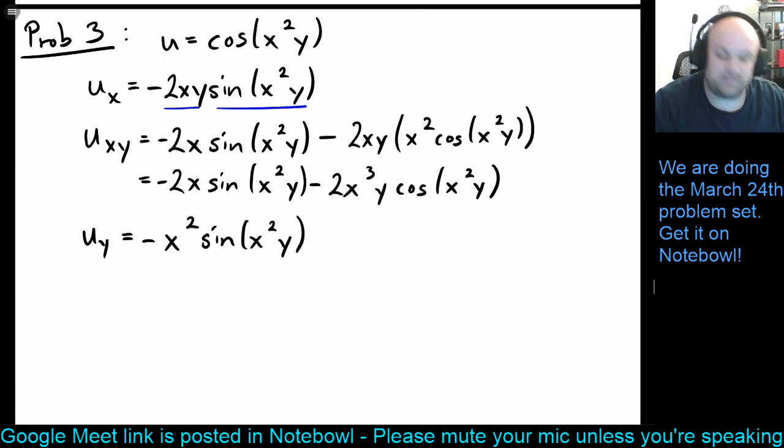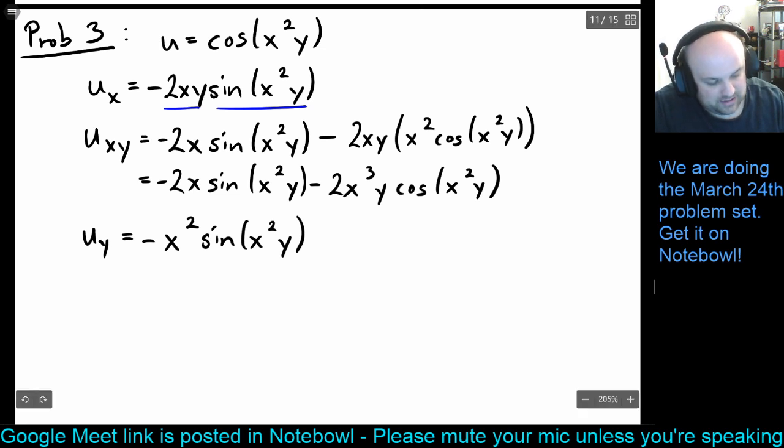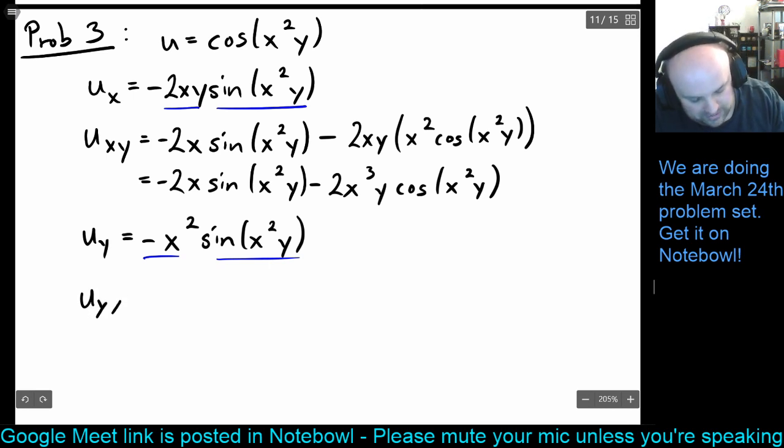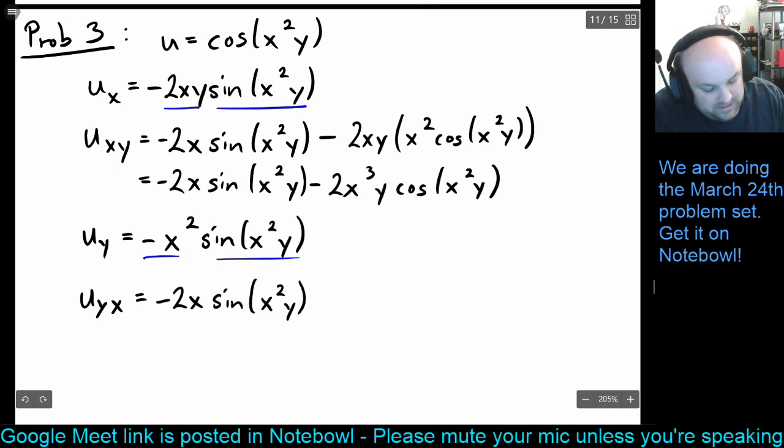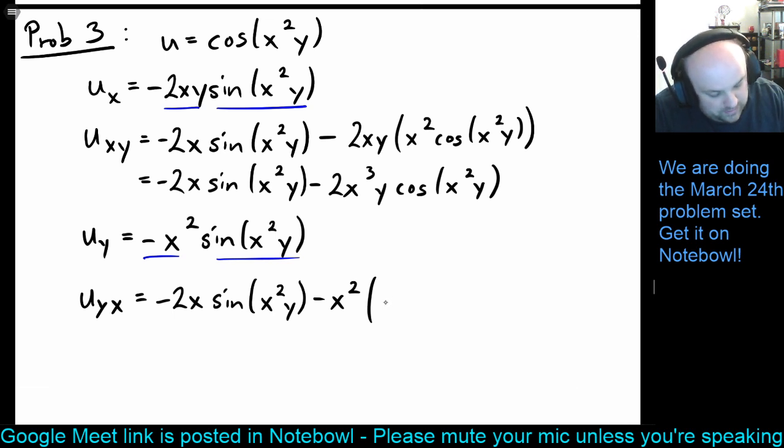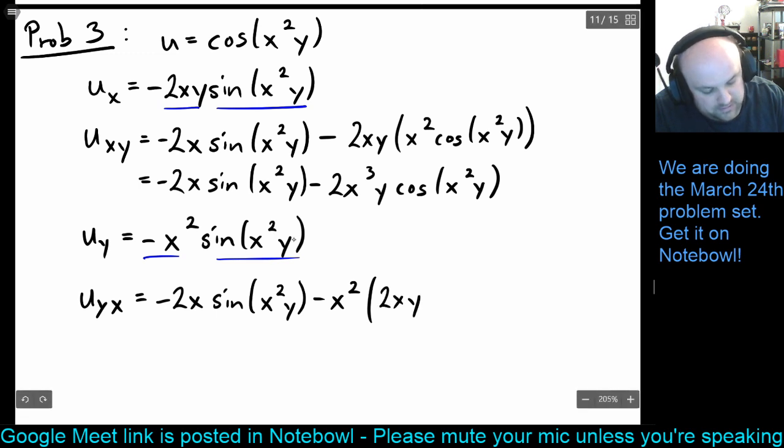Now we take the derivative of that with respect to x, and just like last time, we have a product rule. The derivative of that first part is minus 2x sine of x squared y. And then the derivative of the second part, here we have minus x squared times, the derivative of the inside with respect to x is 2xy, and cosine of x squared y.